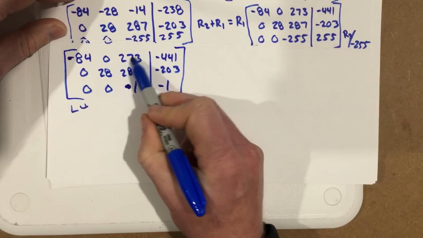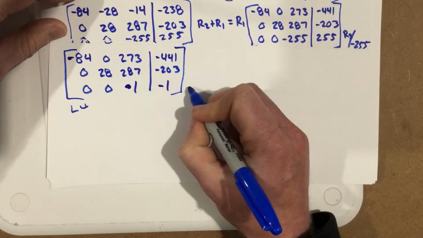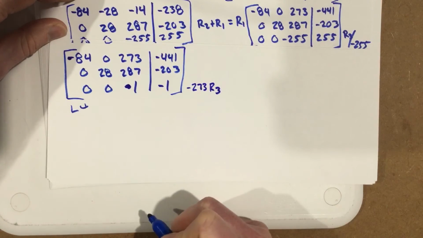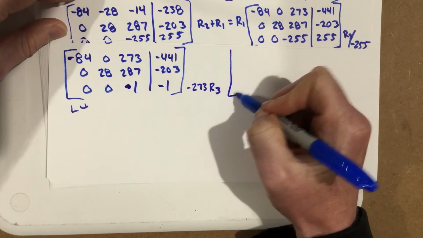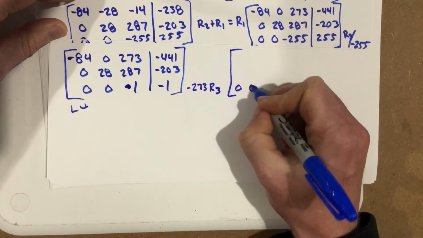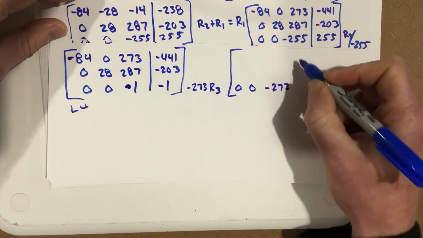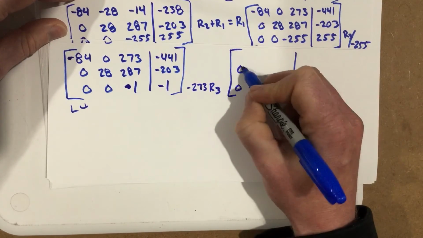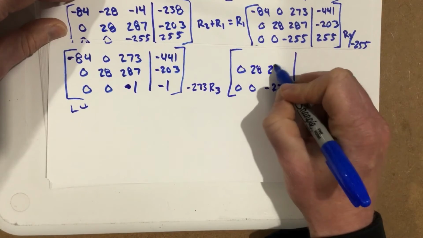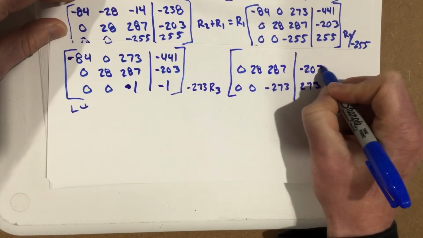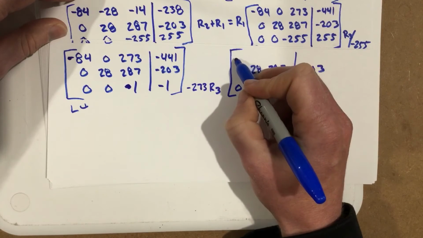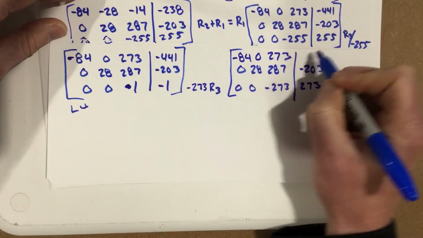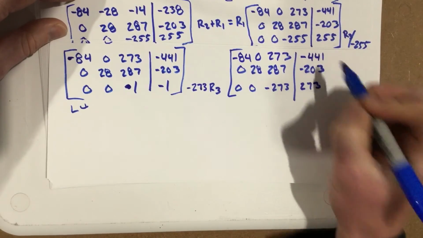Now I need to cancel this one here, so I'm going to multiply row 3 by negative 273. So that'd be 0, 0, negative 273, and then positive 273. We've got negative 84, 0, 273, negative 441.